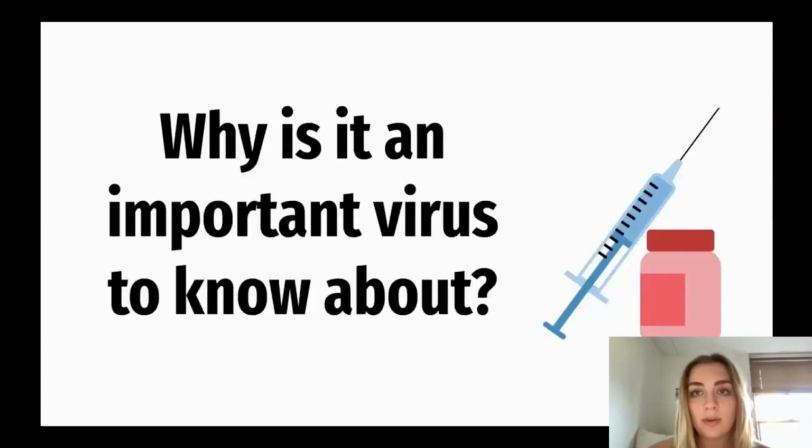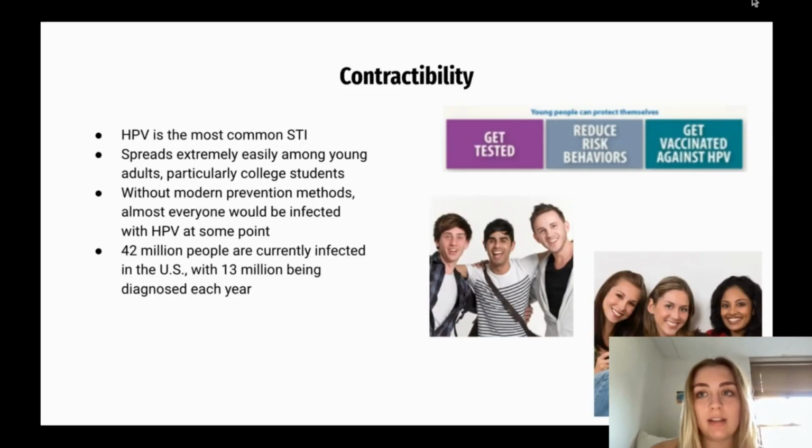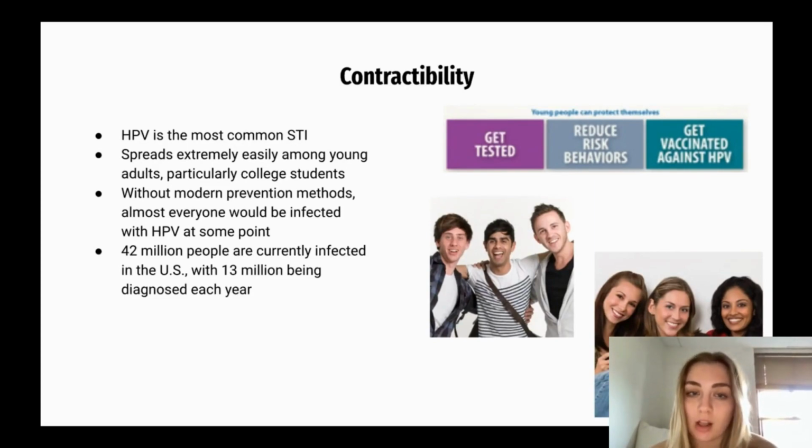All right, so now we're going to look at why HPV is such an important virus to know about. It is extremely contractable around the world and in the US. It is the most commonly diagnosed STD, and it spreads very easily, especially among young adults, which is why you have to get vaccinated before you can come on a college campus.